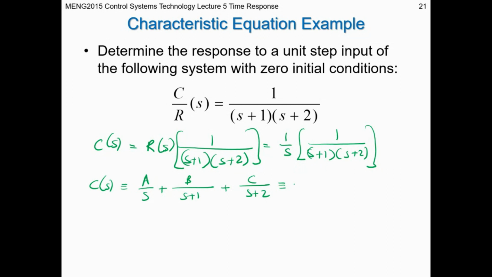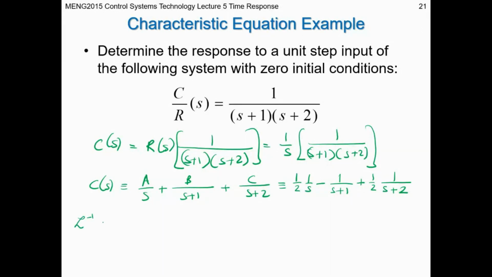And I think that gives us a half times 1 upon S minus 1 upon S plus 1 plus a half times 1 upon S plus 2.